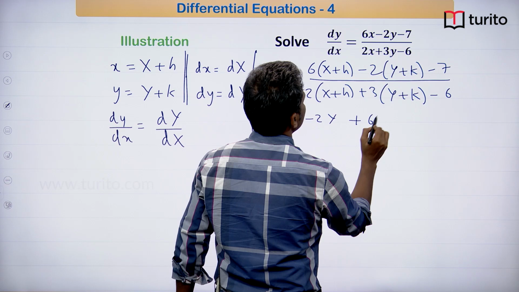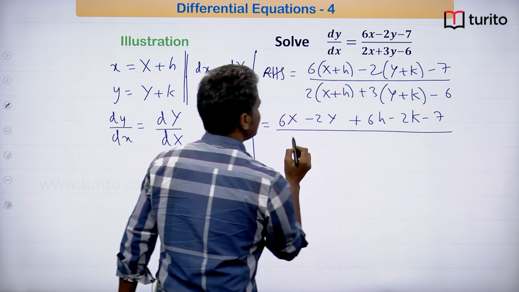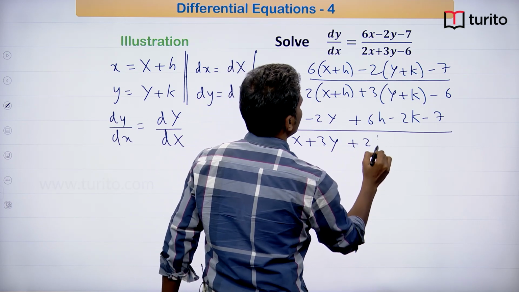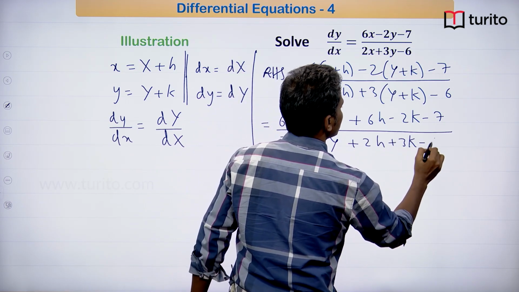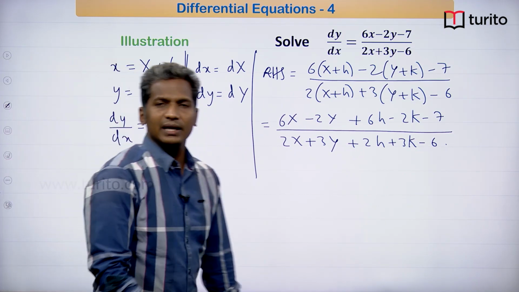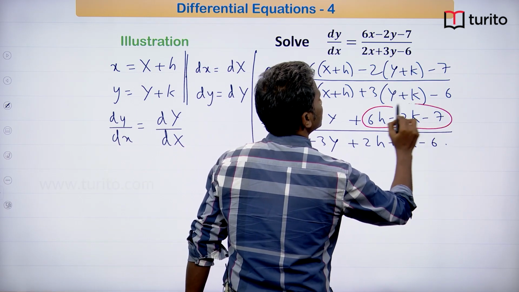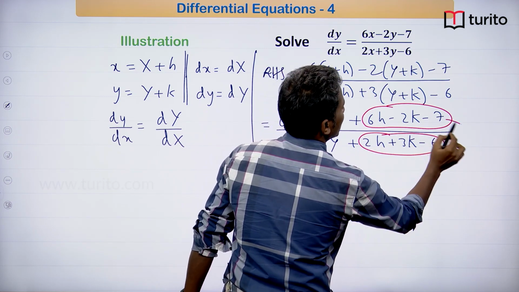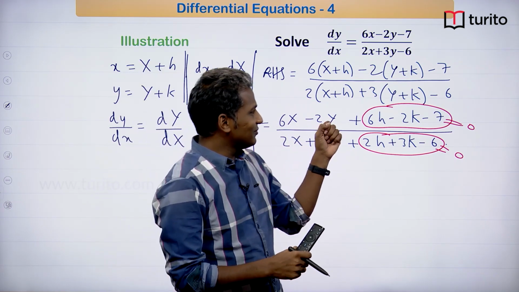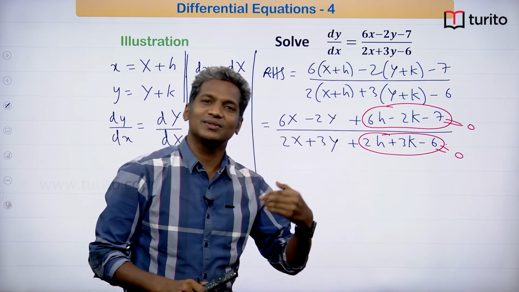So, here it becomes 6h minus 2k minus 7 divided by 2X plus 3Y plus 2h plus 3k minus 6. Okay. Now, as we have mentioned again, this constant term is the trouble. Okay. So, we will make sure that this trouble is eliminated by equating these two terms to 0.